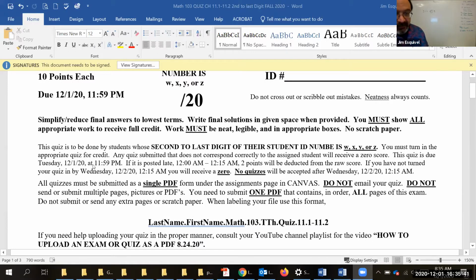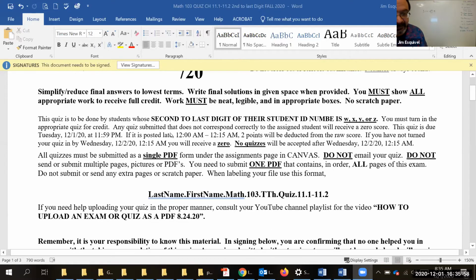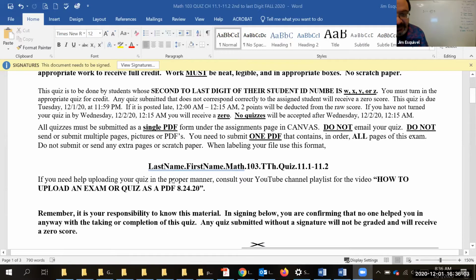So between midnight and 12:15 tonight, I take off 2 points because 2 points would be 10%. And after 12:15 a.m., it would not be accepted at all. Single PDF as usual, upload your quiz. This is how you want to label it: Tuesday, Thursday, quiz 11.1 to 11.2.